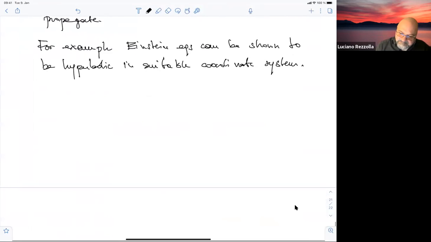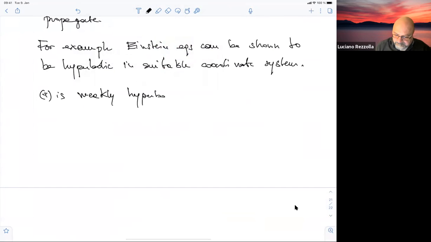But let me mention this: a system is weakly hyperbolic if A is not diagonalizable.